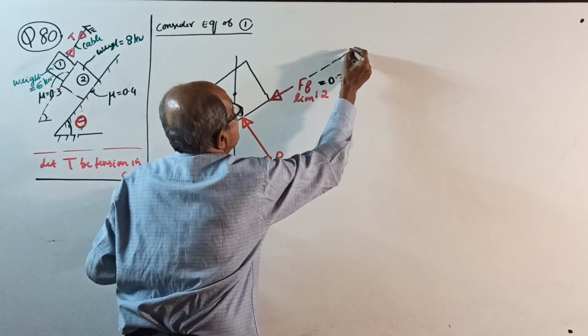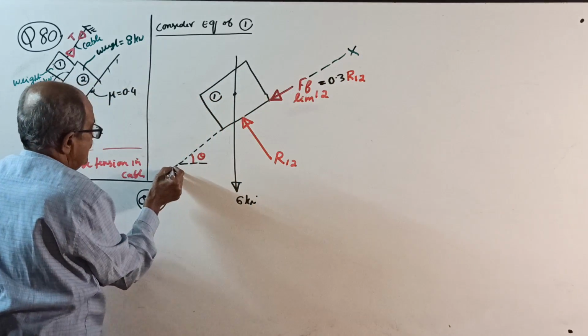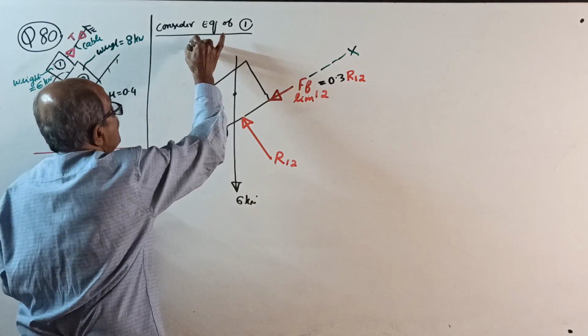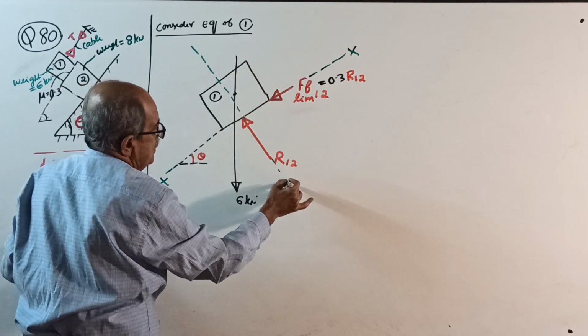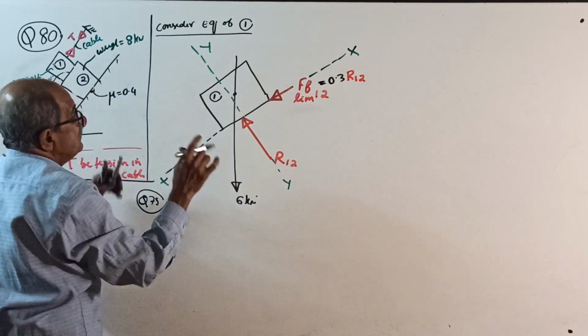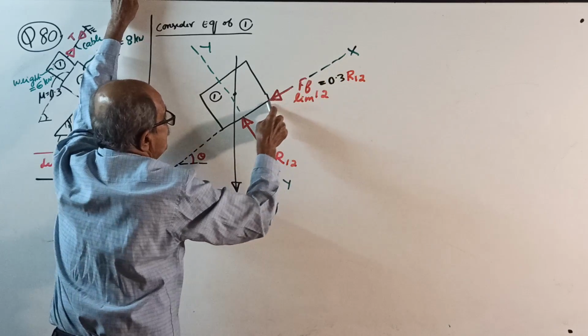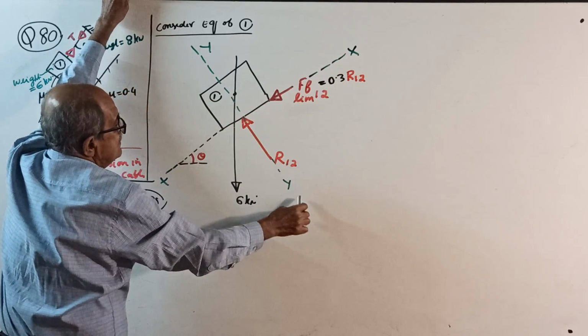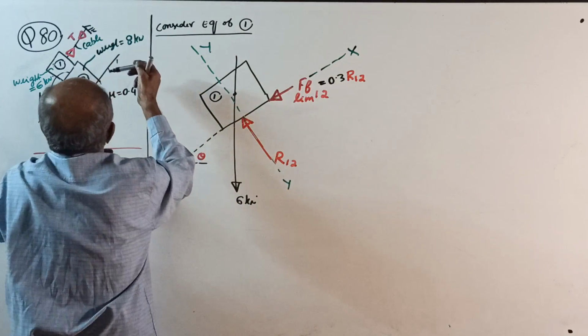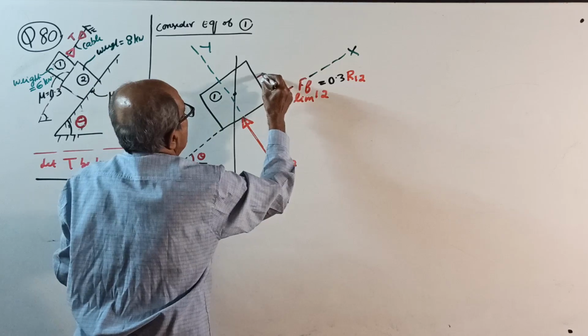This is your XX and this is your YY. We want this force directly along XX. This force, tension required, tension T.